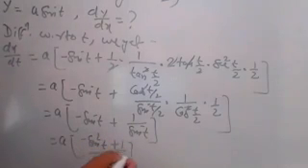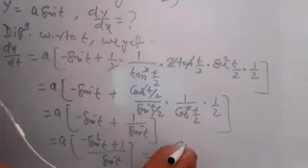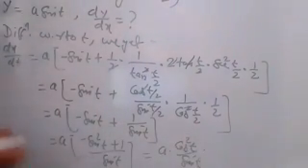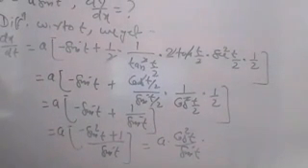And 1 minus sine square t is cos square t. So you write a into cos square t upon sine t. So that is the value of dx by dt.